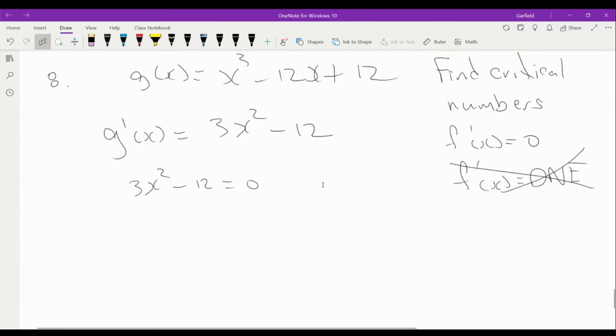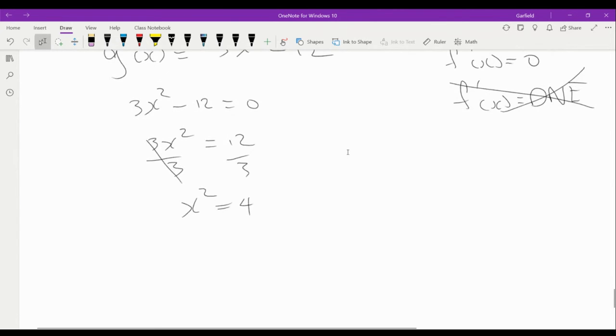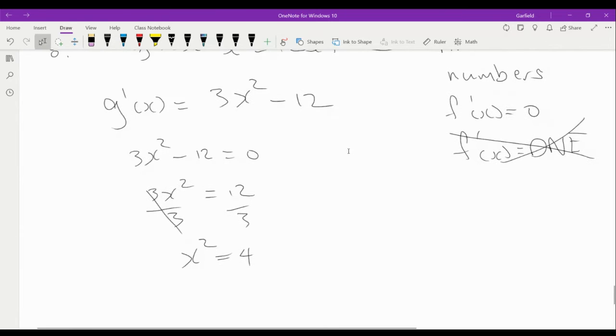There are multiple ways of solving this. We could bring over the 12, so we have 3x squared is equal to 12. We divide by 3. X squared is equal to 4. So what are our critical numbers? Positive and negative 2.